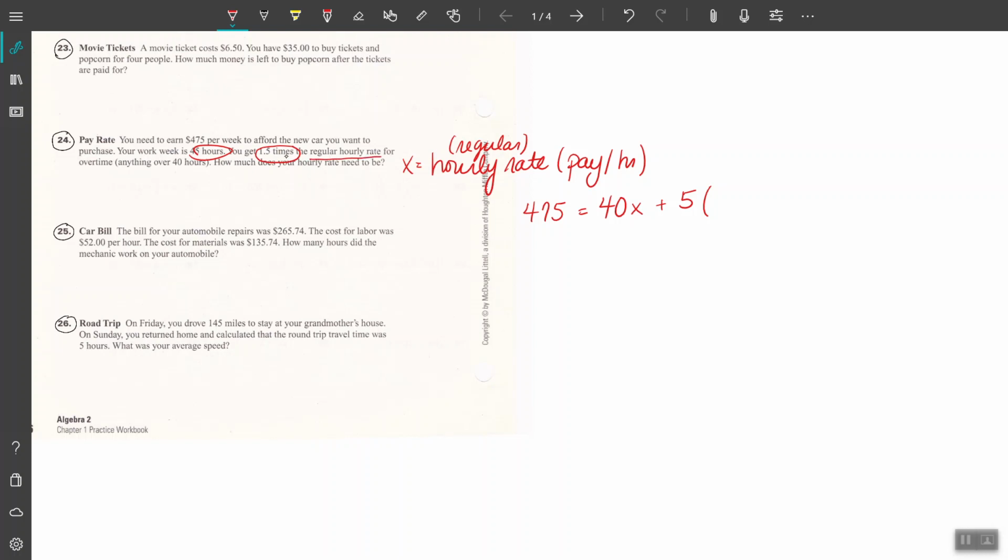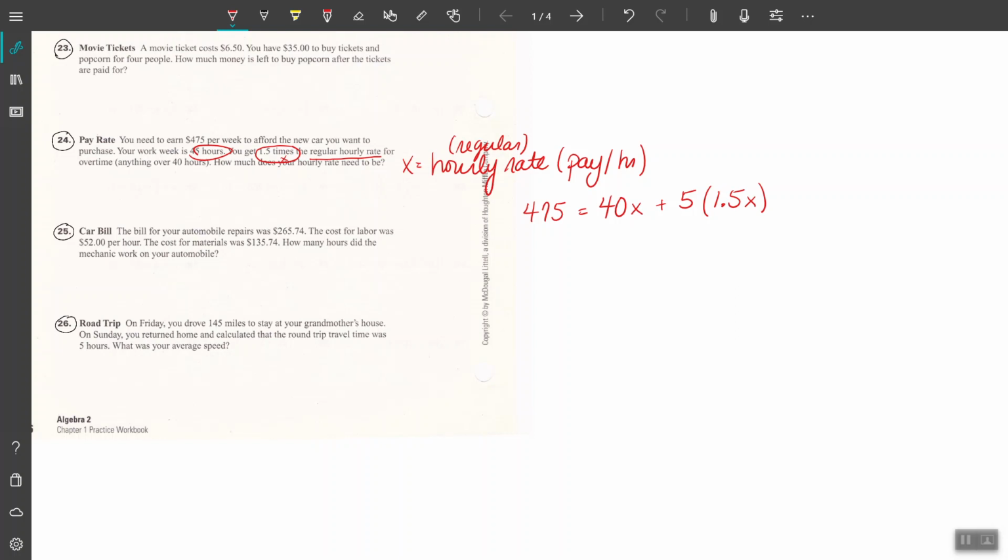Well, we know times means we're going to multiply, and we know the regular hourly rate is our variable X. So we're going to say 1.5 times that regular hourly rate X, because we don't know it yet. That's what we're trying to figure out. So if you add your regular hours pay and your overtime pay, you're hoping to get $475.